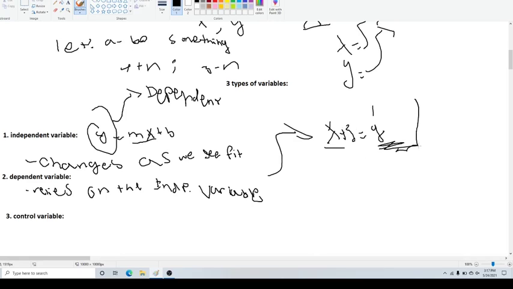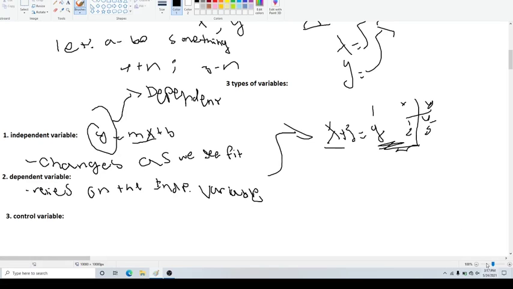So if we create an XY chart, 1 for x, 4 for y. Or if we plug in 2 for x, we get 5 for y. As we plug in values of x, it spits out different values of y. So it's clear that as we change our numbers as we see fit, that's our independent variable, and our dependent variable really relies on the independent variable.